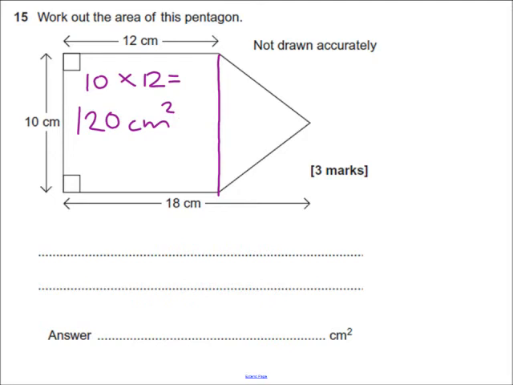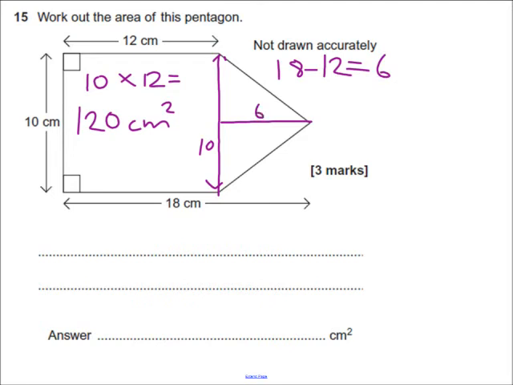Now we need to work out the area of the triangle, and they've made it relatively easy for us because the base of our triangle from here to here is 10 centimetres, and the height of our triangle from the base to the tip is 18 centimetres, which is the full width of our pentagon. Take away the 12 centimetres, that is our rectangle, and it leaves us a height of 6 centimetres for the triangle.